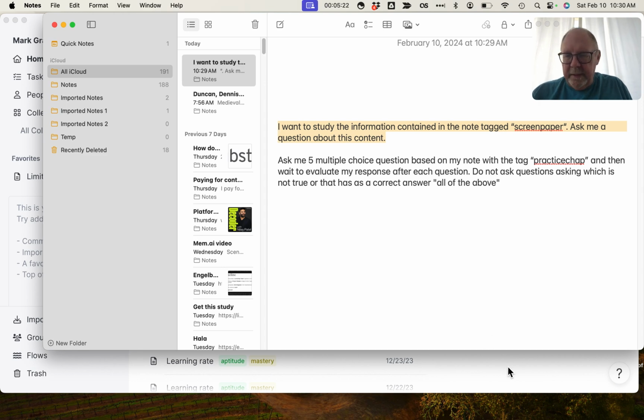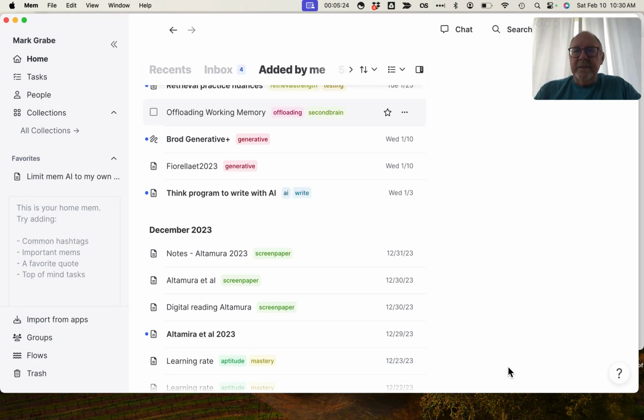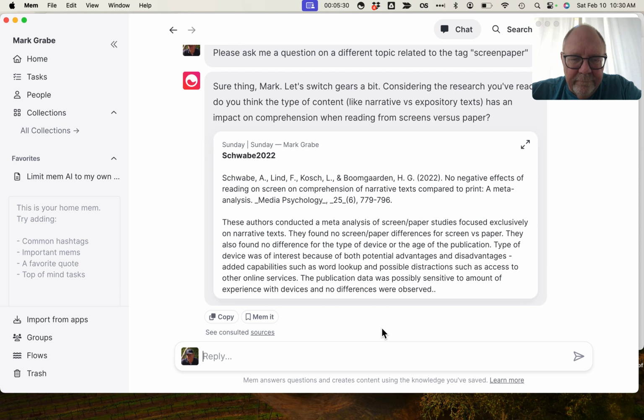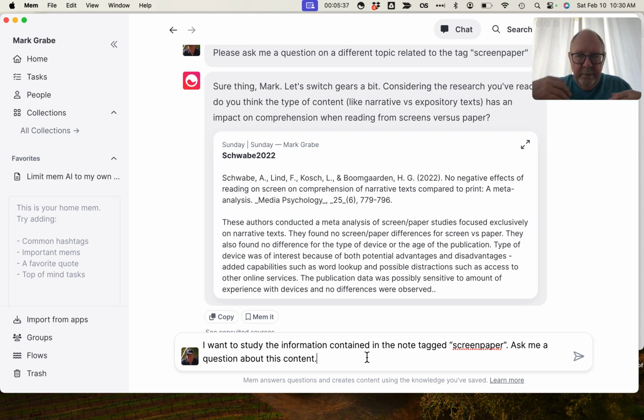And then I'm going to go back to my AI system, and I'm going to activate chat. So I have this opportunity now to chat, and I'm going to enter the prompt, which says, okay, I want to think about and respond to questions about the notes that I have tagged with screen paper.